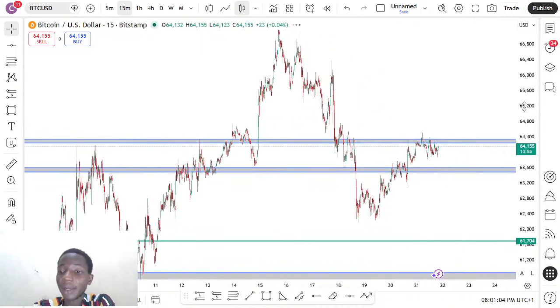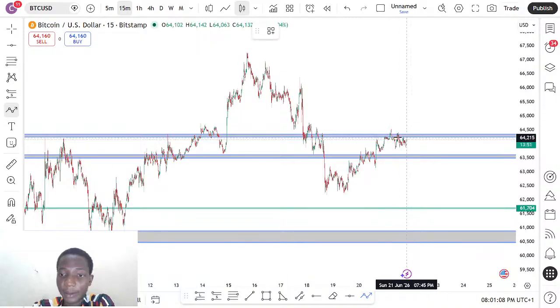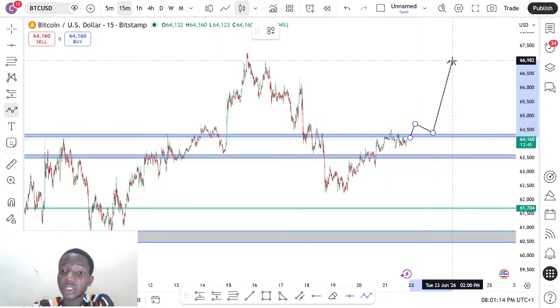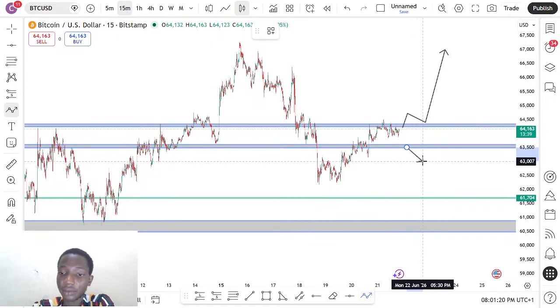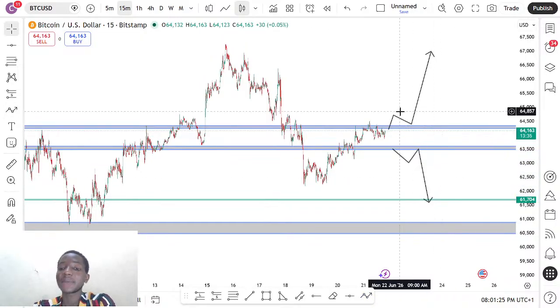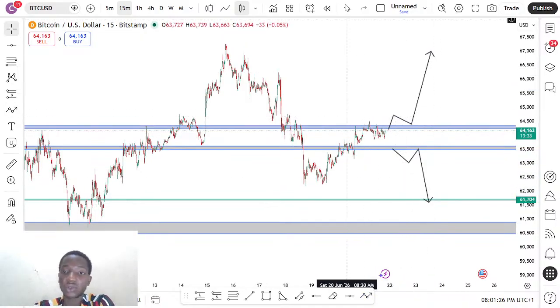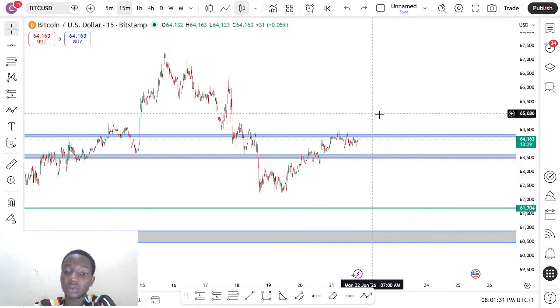So this was my plan initially. If the market breaks this place here, comes back here, then breaks before tomorrow, this will happen. Or it breaks the opposite side. This is what I'm expecting from the market between today and tomorrow.